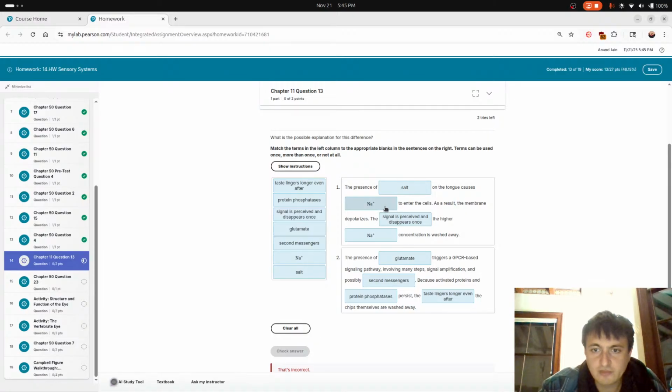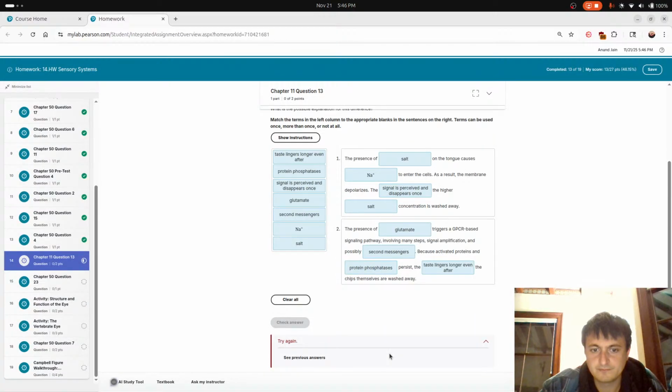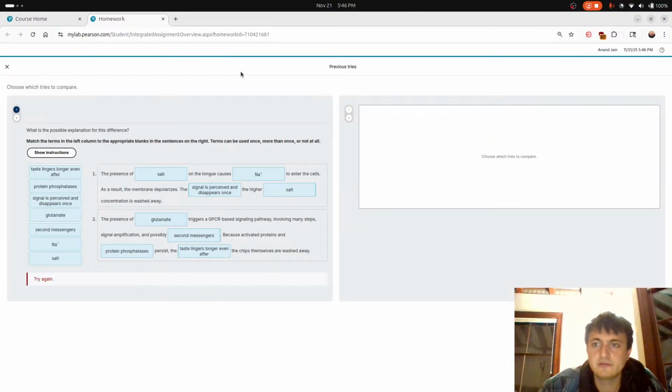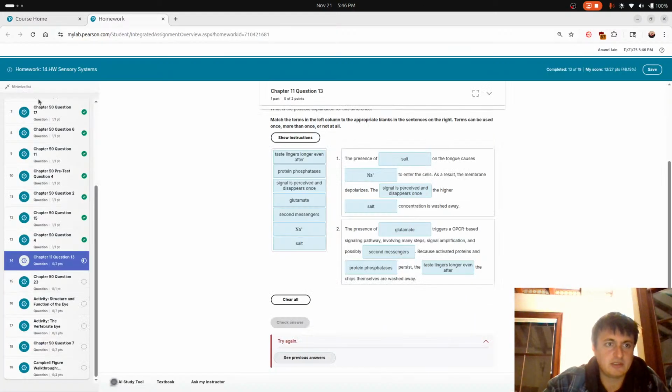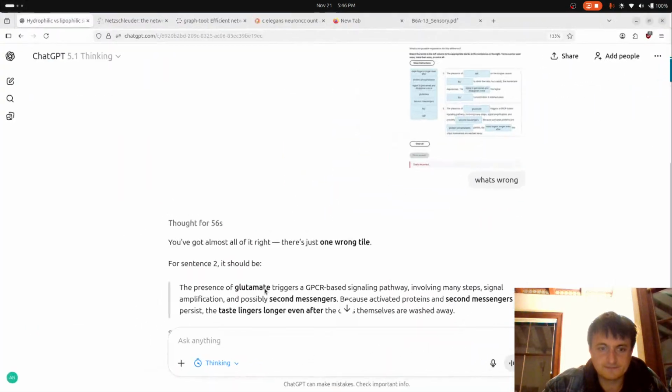Okay, so these are right. As a result, the membrane depolarizes. The signal is perceived and disappears once the higher salt concentration. I think that the only other choice would be this. Bro, God. I don't like these ones.